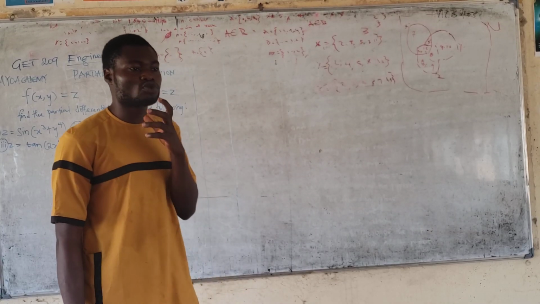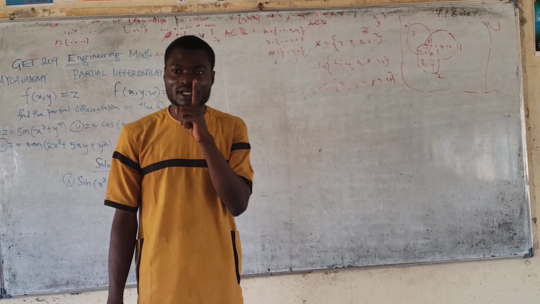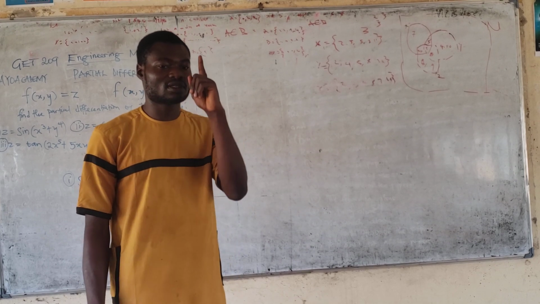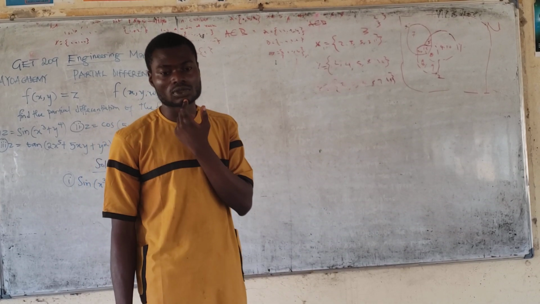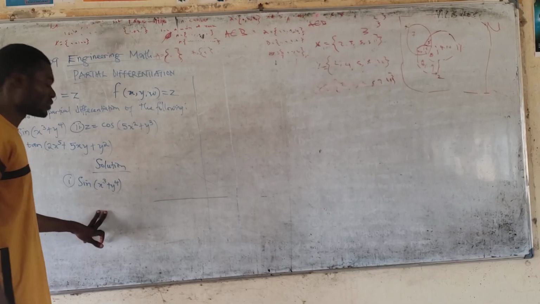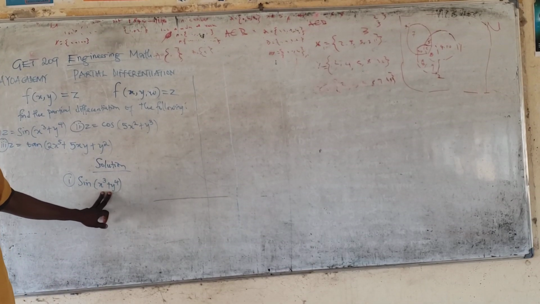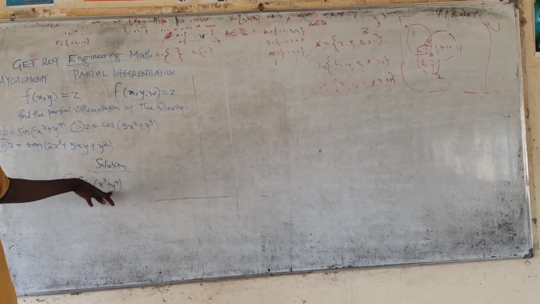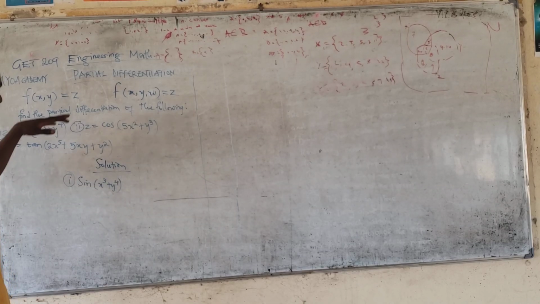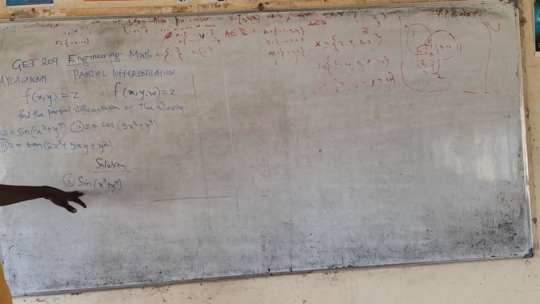She's not the only one existing; she's existing and the baby in her womb. That is exactly what this function is. So I'm going to take the baby outside and work on it, then I will work on the mother.